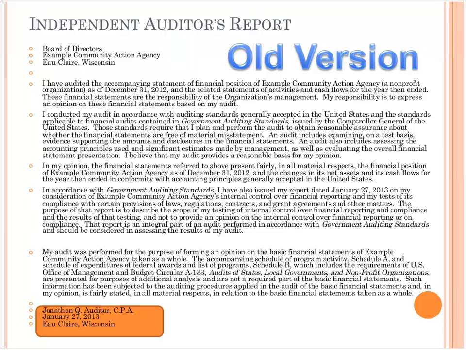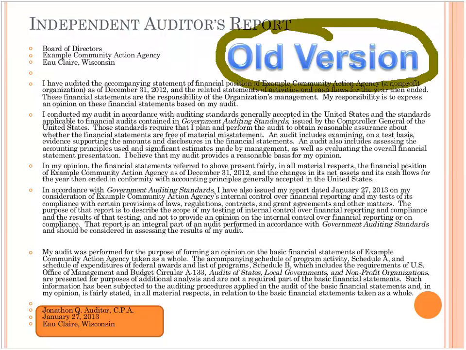For audit reports that are issued in 2013 and beyond, there is a new format to the audit opinion. So just very briefly, this is the old opinion, the old version of the opinion that you would have seen if you received your audit report in December of 2012 and before.